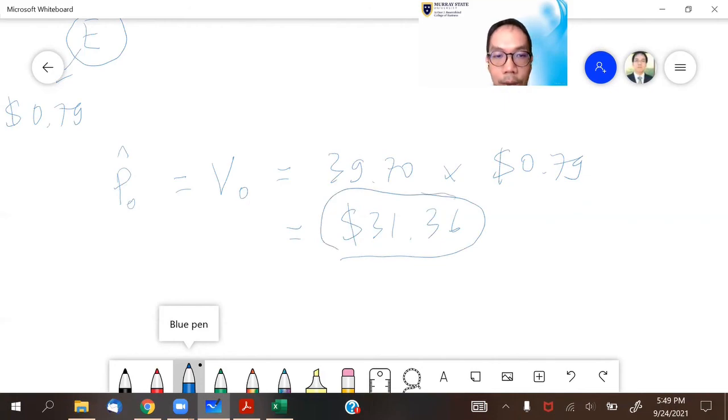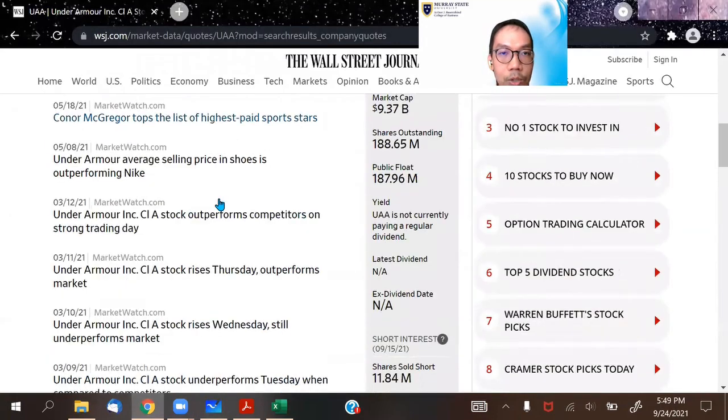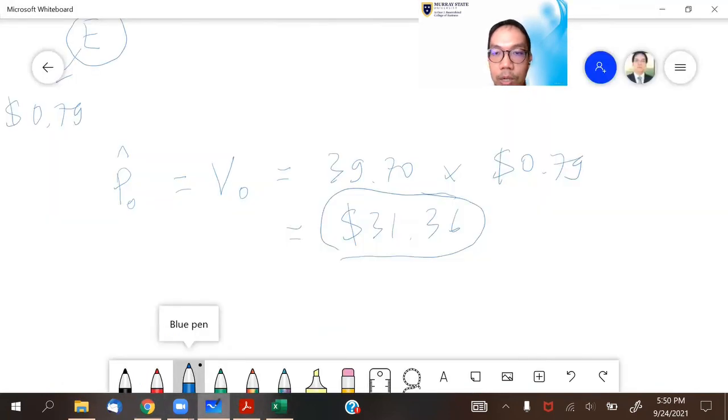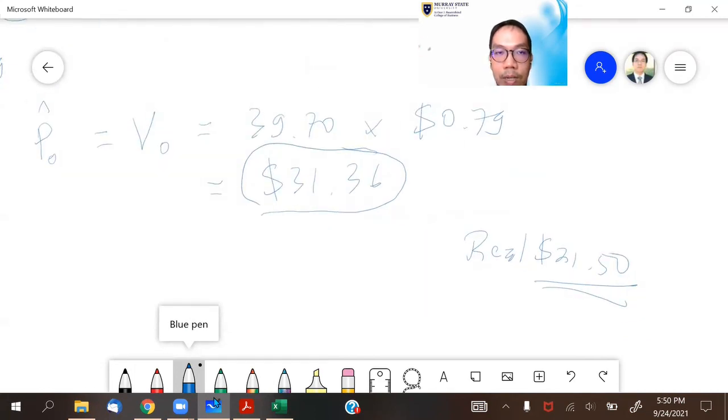Okay, so let's look at the real price right now. The real price on the stock exchange is 21.50. So what is our recommendation? According to the relative valuation method, the theoretical value of Under Armour should be 31.36.